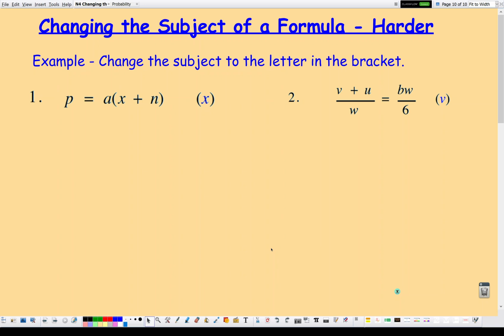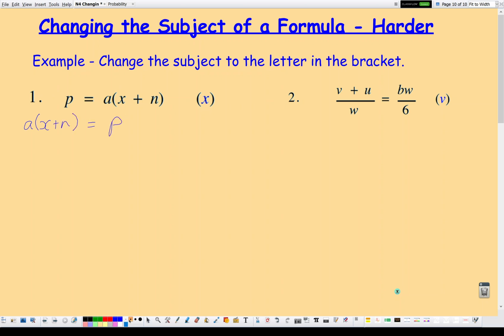Right now it's in a bracket and that bracket's been multiplied by something else, so there's a few things we need to get rid of. Our new subject is a positive though, so we can just flip it round to get the subject on the left hand side. So we can rewrite this as a bracket x plus n is equal to P.